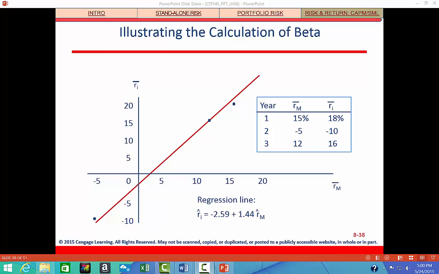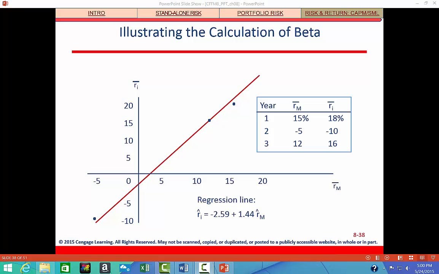What is estimated, probably using Excel, is an intercept of negative 2.59, which would be somewhere around here on the graph where it crosses the y-axis, plus the beta, which is the slope of the line, 1.44, rise over run if you remember algebra, times the return on the market.